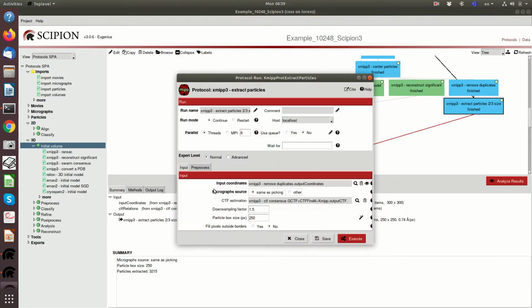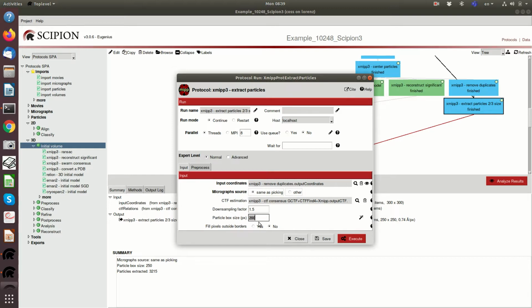Let's say that I have applied a downsampling factor of 1.5. That is the one that gives this 0.74 angstrom per pixel. But if you apply just that factor, then the number of pixels is 200. This 200 corresponds to the 300 box size that we chose when picking the particles.